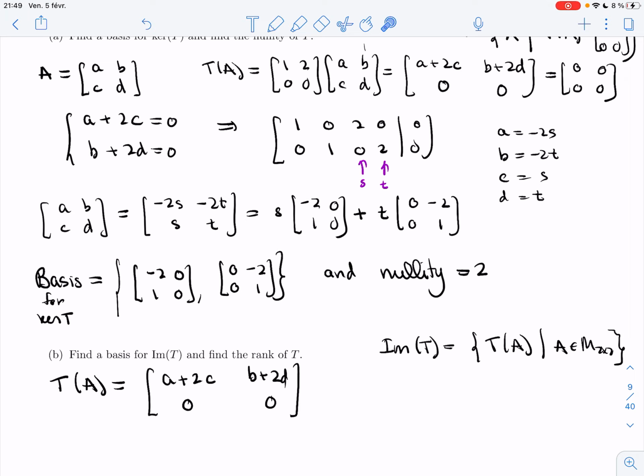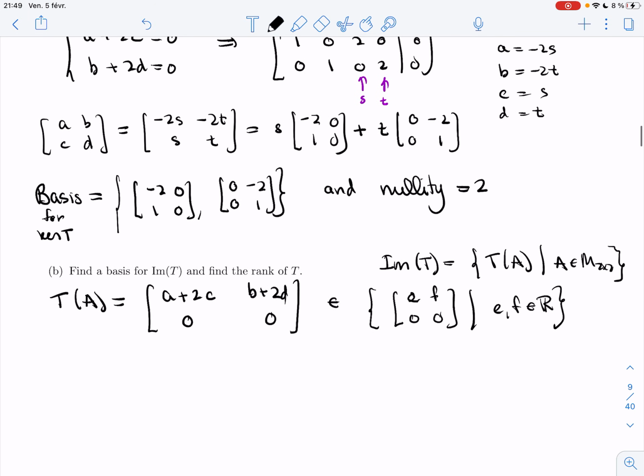Just because of the shape, we notice that we have 2 zeros here. So it's clear that this is inside the set of all matrices [e, f; 0, 0], using different variables. So my image is within this.